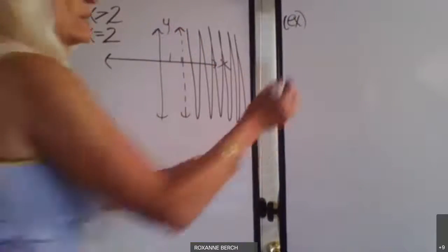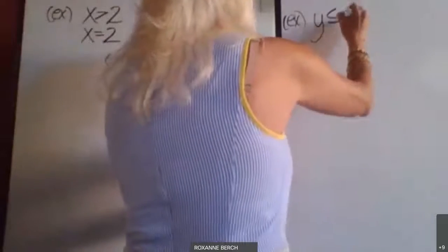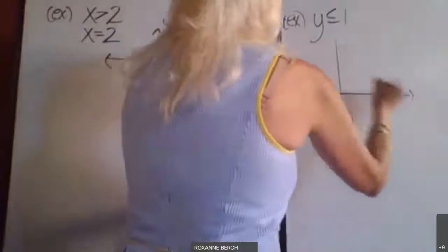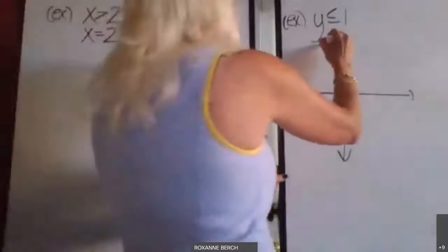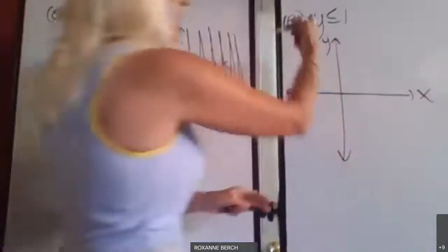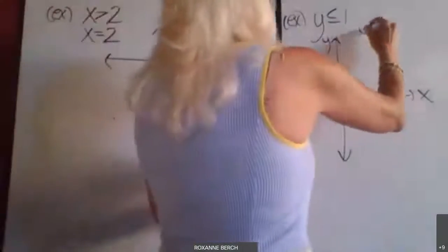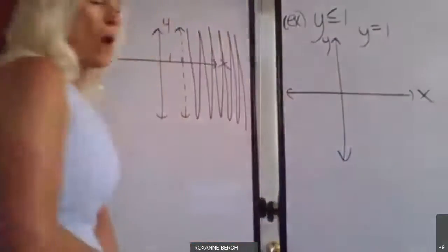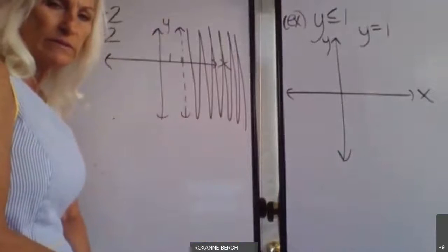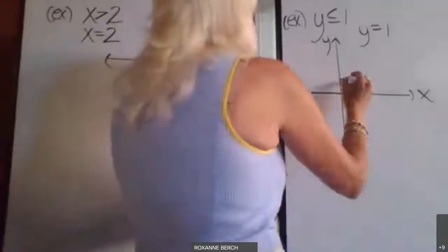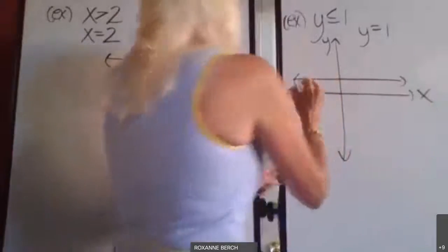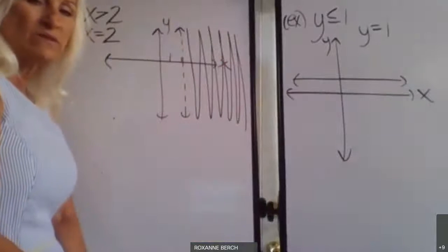Another special case would be something like this. Well, we're not going to use slope-intercept form or the other form. We're going to use our brains and say, okay, this is a horizontal line through y equals 1.